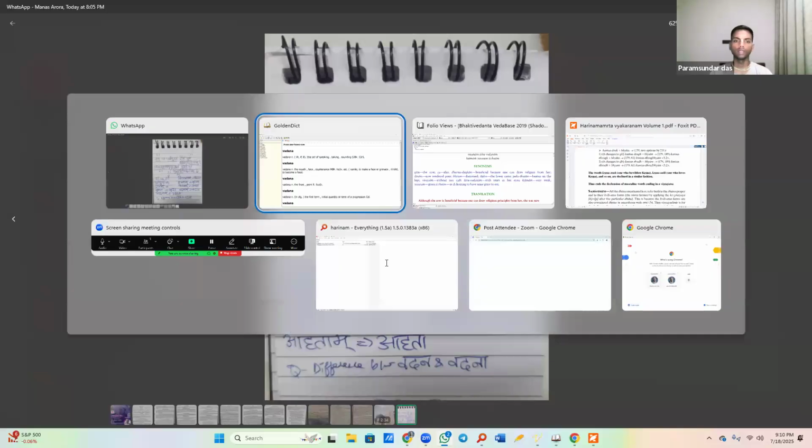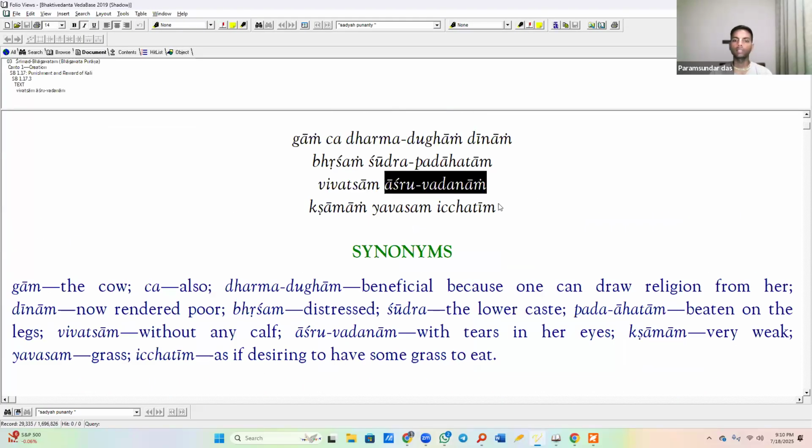In the verse, if you see, Ashru Vadanam is a compound. The word Vadanam is not used independently here. So in a compound, we also learn how even if a word is not an adjective, if it is declined in some other gender, in a compound things can work differently, gender-wise.